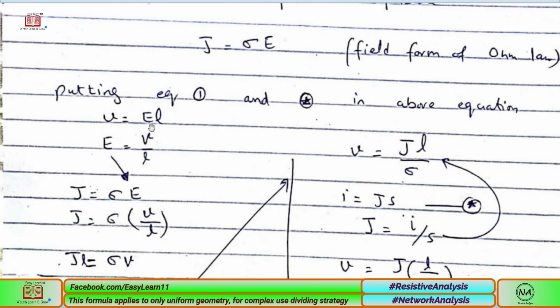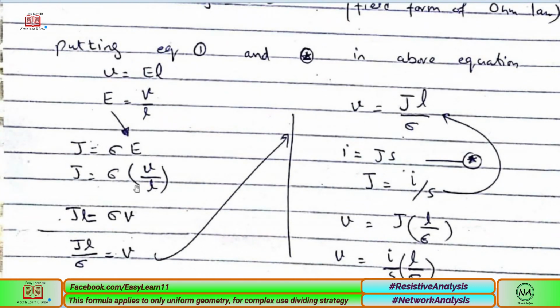Now we can substitute this value, E equals V over L, into our main equation, that is J equals sigma E. Rewriting J equals sigma E, now E is replaced with V over L in the brackets, and when we multiply, we need to separate the voltage from this equation.